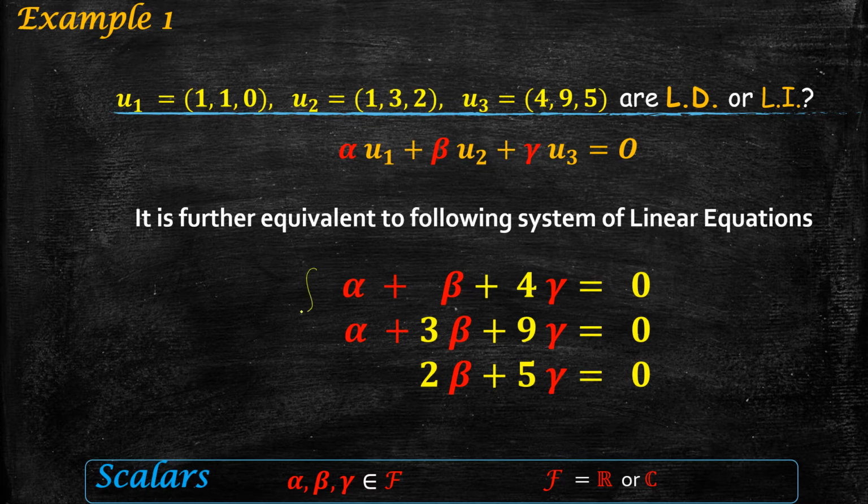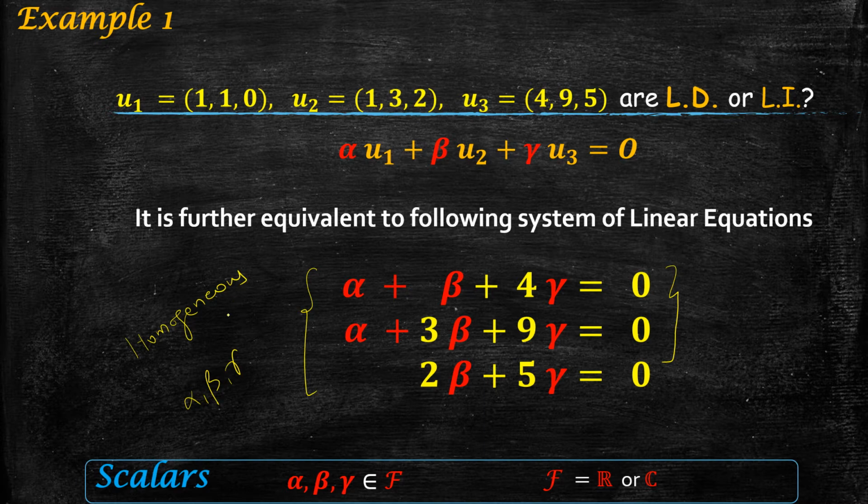Here you can say that we have a homogeneous system of linear equations with three unknowns. The unknowns are alpha, beta and gamma. So from this system of linear equations, I have to find out the values of alpha, beta, gamma.